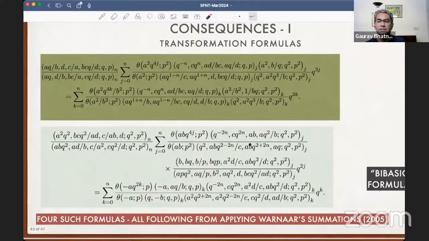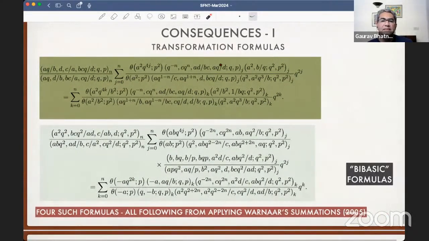There are 2 examples. Ole Warnaar had a paper in 2005 where he had 4 such summation formulas, which were all basic, because they have base q^2 and q mixed together, and also the nome was sometimes p^2, sometimes p. So he had 4 such formulas, and all those 4 we could apply in this inner sum and get 4 new formulas.